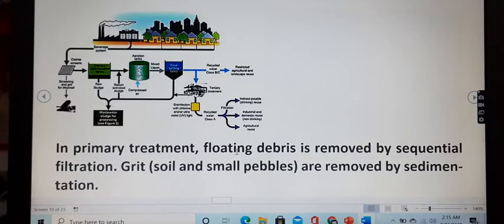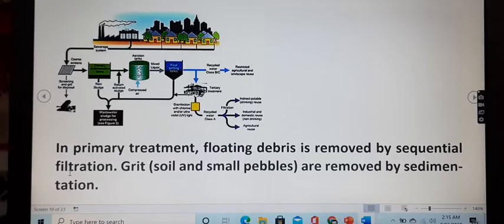In primary treatment, floating debris is removed by sequential filtration. Means the substances floating in the sewage water are separated by sequential filtration, according to the size of the debris or the substances floating in it.